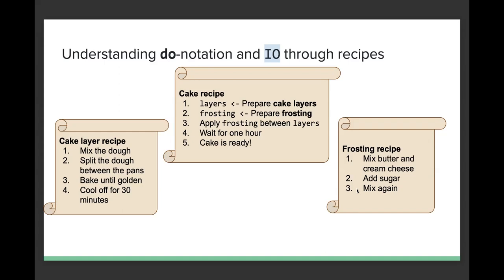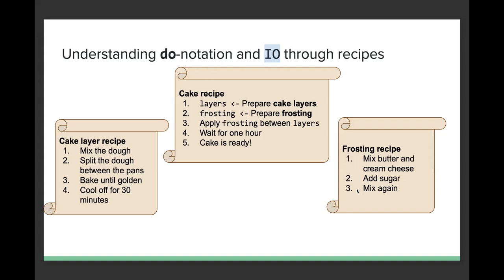So a function, for example, you can have a function from, I don't know, the flavor of the cake that you would like to the recipe, right? It would take the string that represents the flavor. For example, you want a strawberry cake, right? And then it will produce a recipe for the strawberry cake, right?